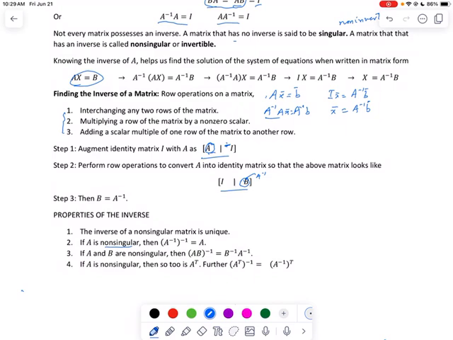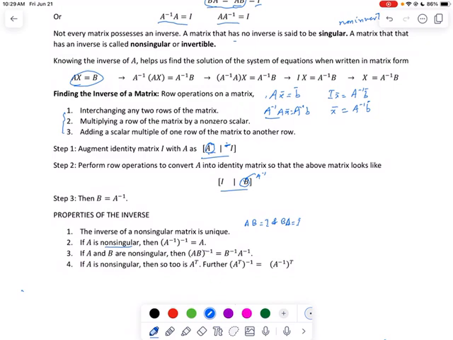This tells us that if you have the situation A times B is equal to I and B times A is equal to I, then A and B are inverses of each other. Three: if A and B are non-singular matrices, meaning they are both invertible, then (A times B) whole inverse is equal to B inverse times A inverse. This is a little bit different from the usual things you have seen.